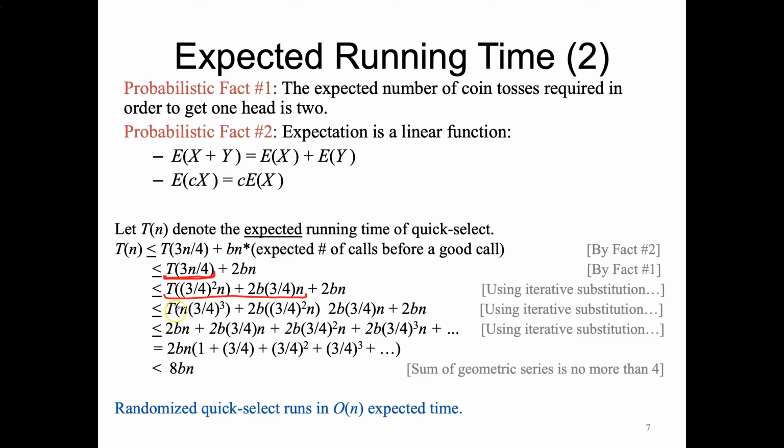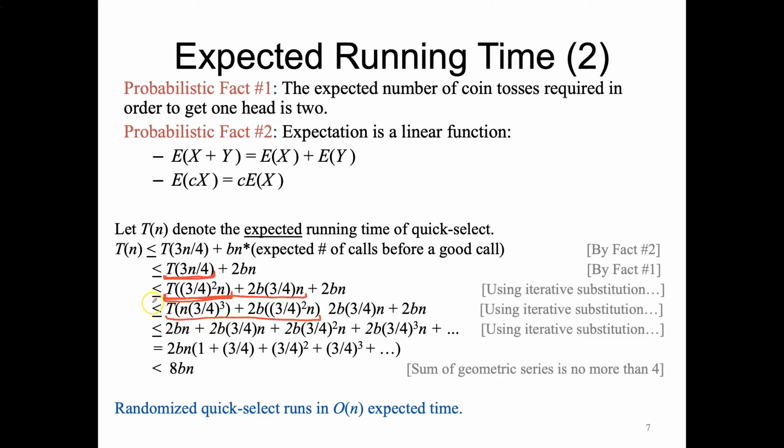We've got t of 3n over 4 is less than or equal to t of 3/4 of that input, which is now 3/4 squared of n, plus 2 times b times our input size, which is 3/4 n, and then we still have this left over 2bn. And we can keep applying this, right? So now for t of 3/4 squared n, we again apply that same formula, keeping the same leftover that we had from the above formula.